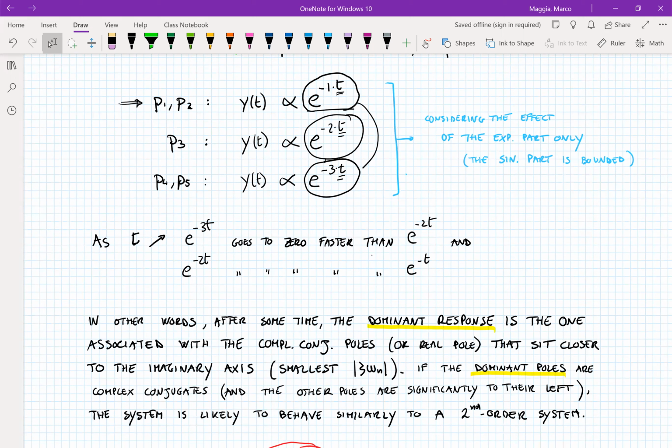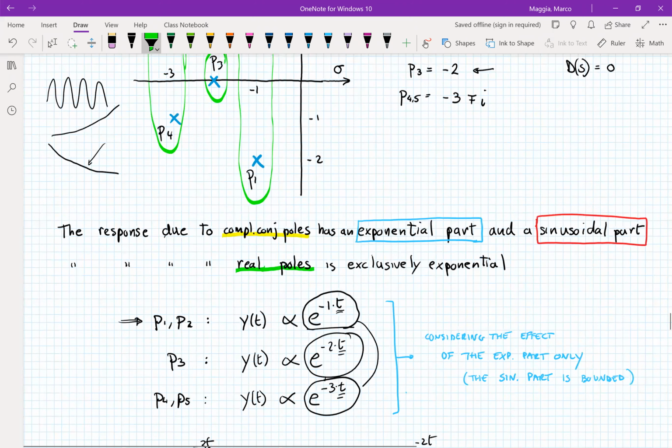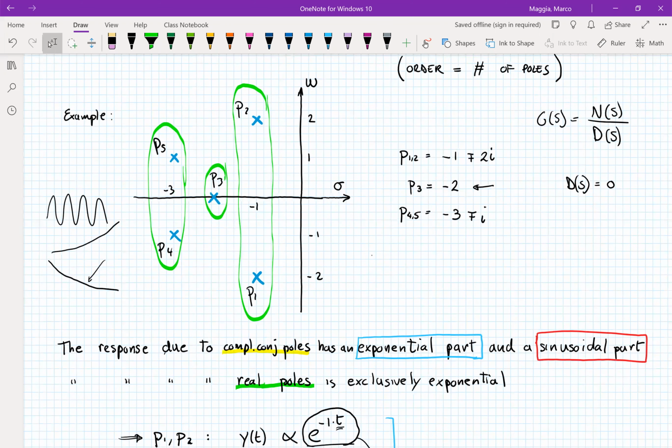And in this case, in fact, P1 and P2 are known as the dominant poles. So if you have a system that has more than two poles, the dominant poles are the poles that have the real part that is smaller in magnitude.